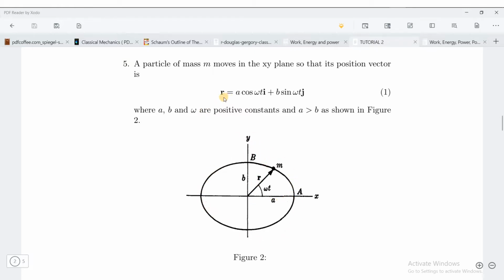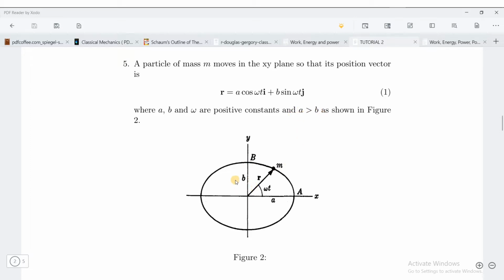The position vector is defined by this expression here, where a, b and omega are positive constants, and a is greater than b.